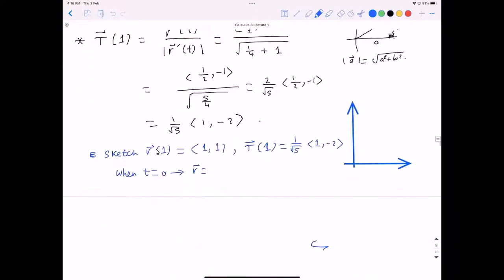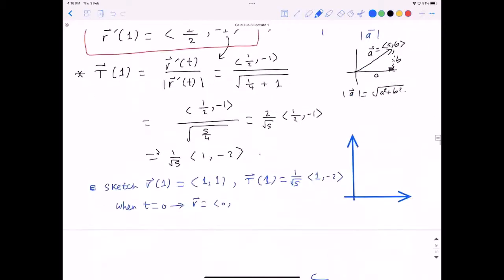So root 0 is 0, 2 minus 0 is 2. So the initial point is 0, 2. This is the original point. This is the beginning of motion, the point 0, 2.